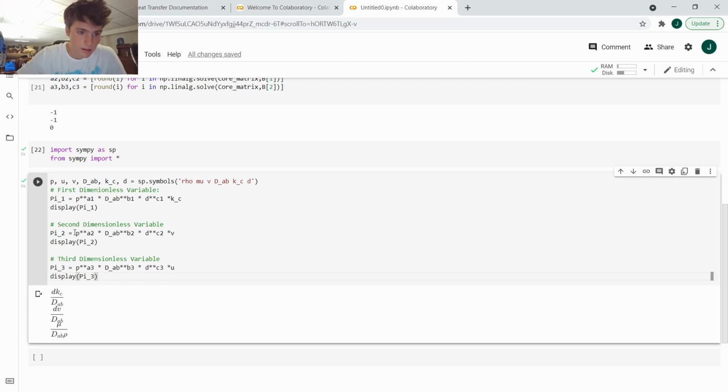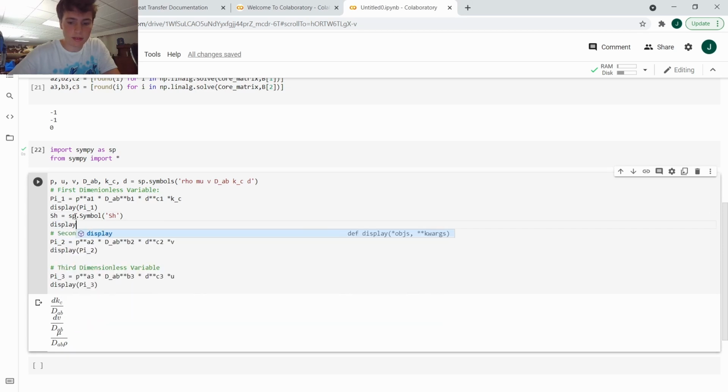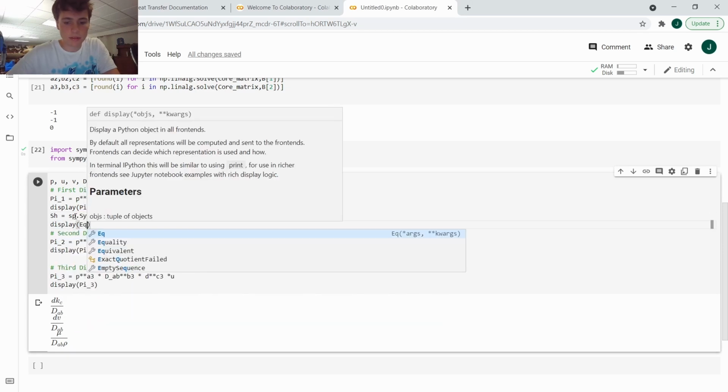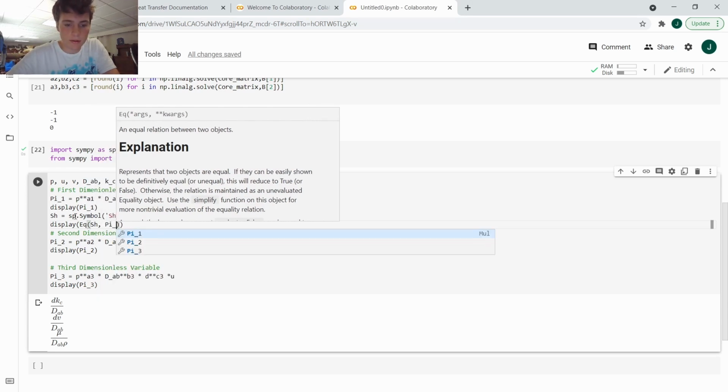The second one is the Peclet number, and the third one is the Schmidt number. So we can just display this. We'll just introduce Sherwood, sp.symbols, Sherwood, and display. We'll use an equation, just equating it. Sherwood is equal to pi 1.